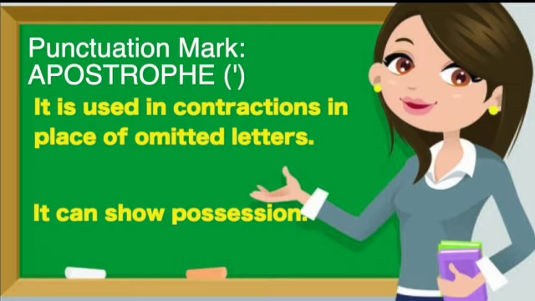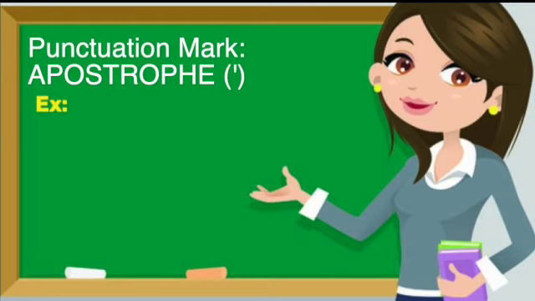Slaters, let us see few examples of contractions. The contraction of the words could not is couldn't. The omitted letter here is o. It is read as couldn't.